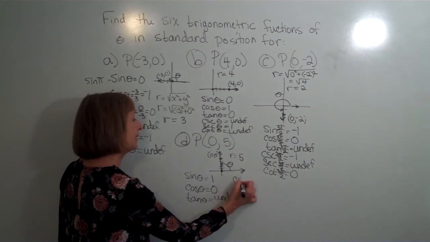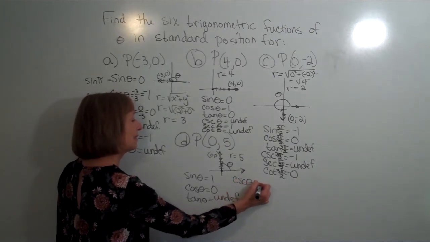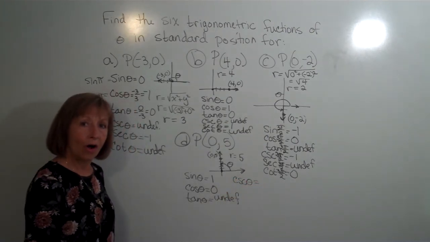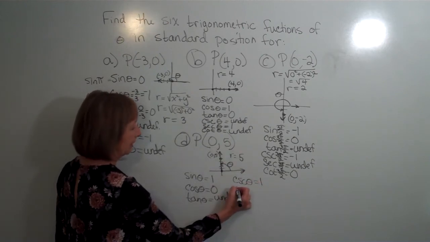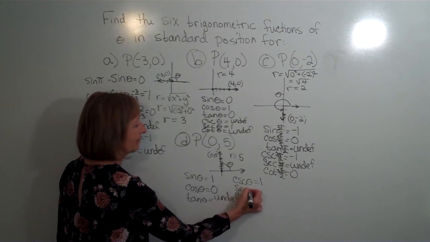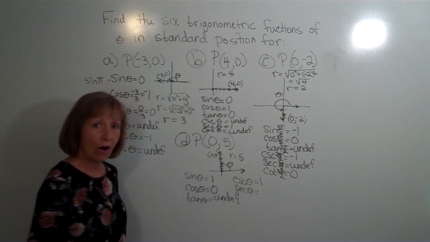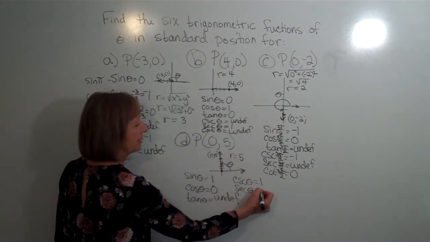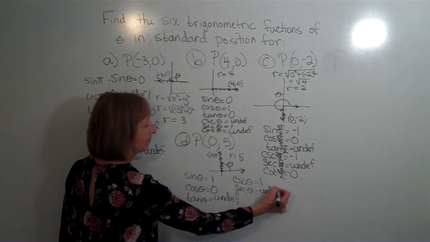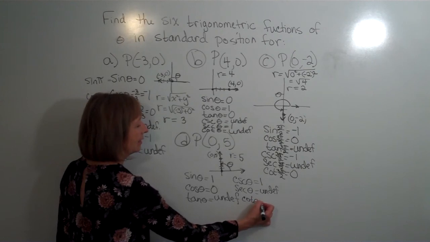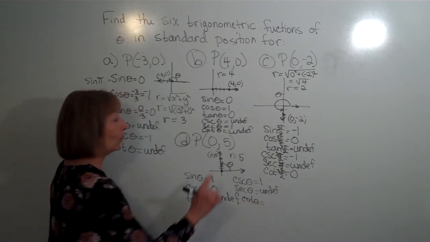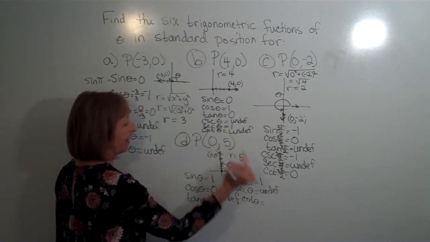The cosecant of theta is r over y, so 5 divided by 5 is 1. Then the secant of theta is r divided by x, which is undefined. And the cotangent of theta is my x over y, so 0 divided by 5 is 0.